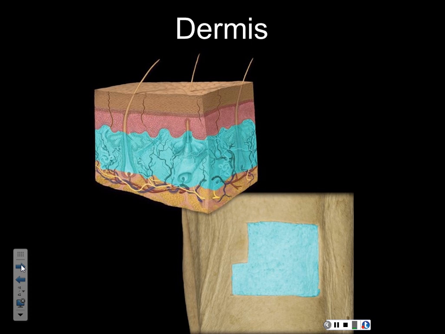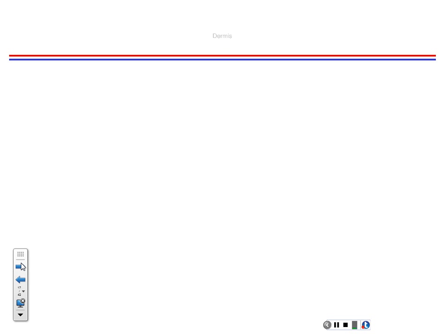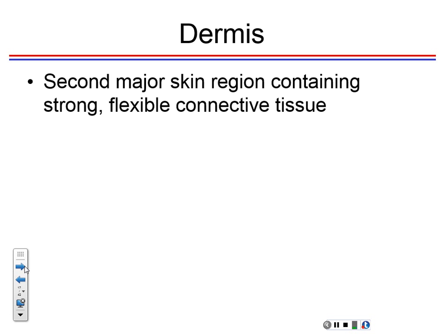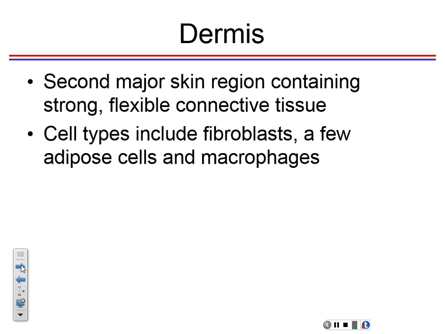The dermis, which is the second layer of skin, the second major region of the skin. It's strong and flexible because of those reticular collagen fibers and the connective tissue. Remember we talked about how connective tissue is flexible and strong.